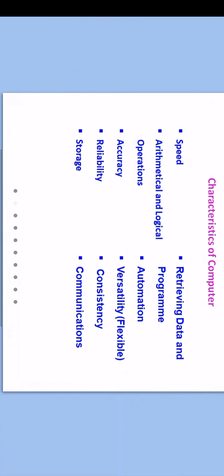Before that, we have seen the characteristics of the computer. Then there is a very important measurement. When you are studying computers, it is very important to know what is called a bit. Suppose I am writing one bit, BIT.